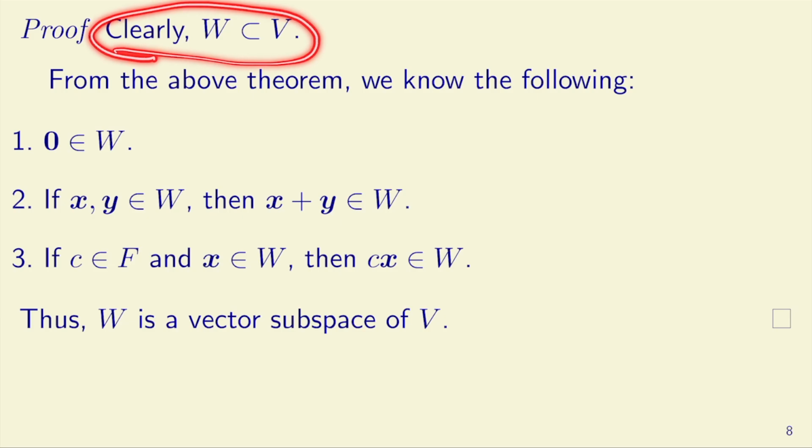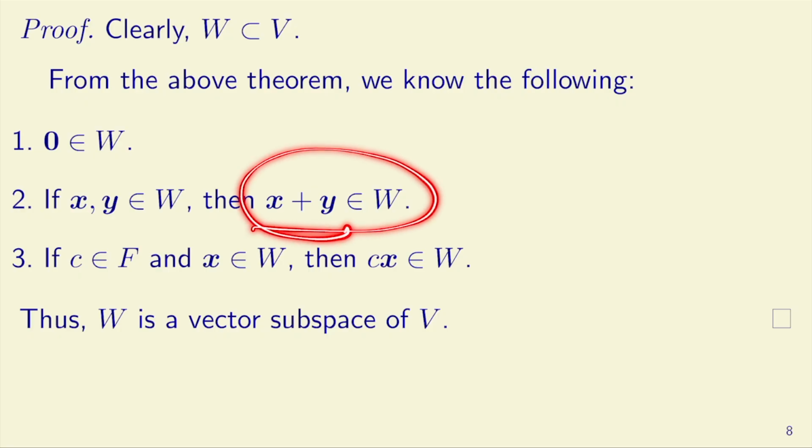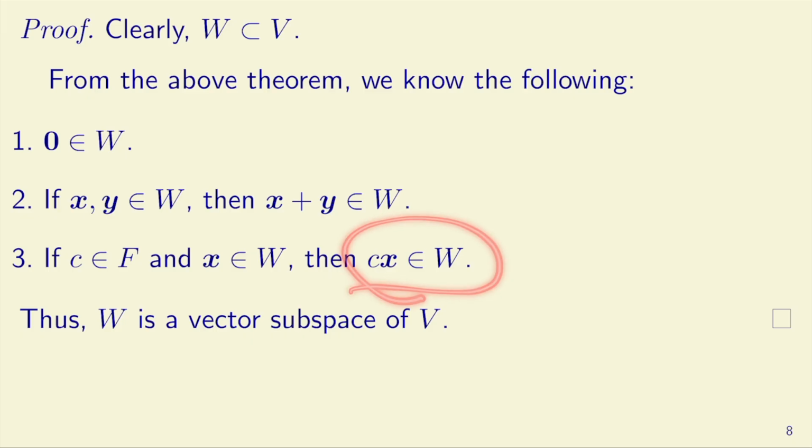Then to prove it's a subspace, we need to show three things. 1. It contains the zero vector. 2. It's closed under vector addition. And 3. It's closed under scalar multiplication. We just proved that zero vector is always a linear combination, so the zero vector belongs to W. We also showed that the sum of two linear combinations is a linear combination.